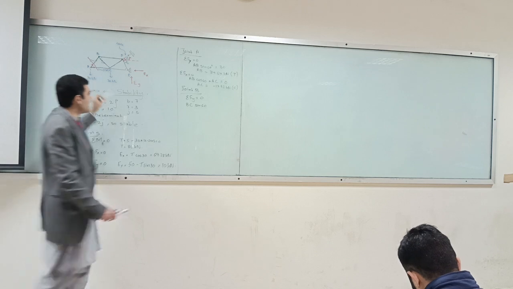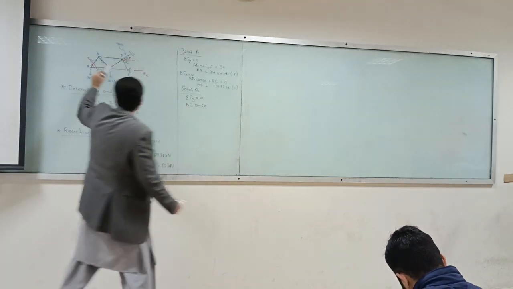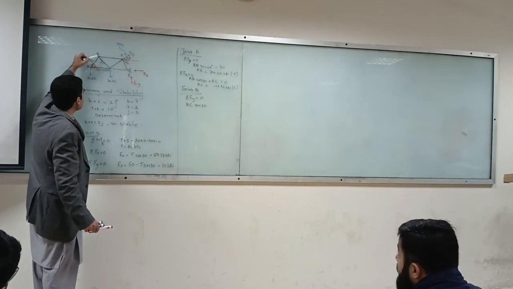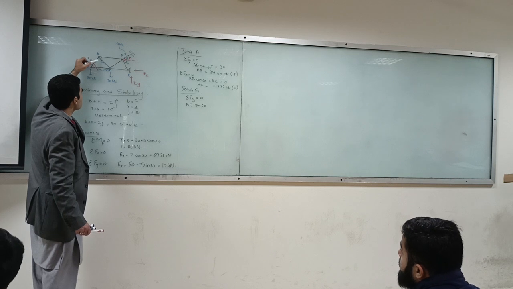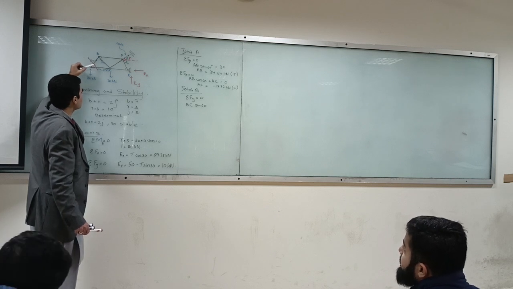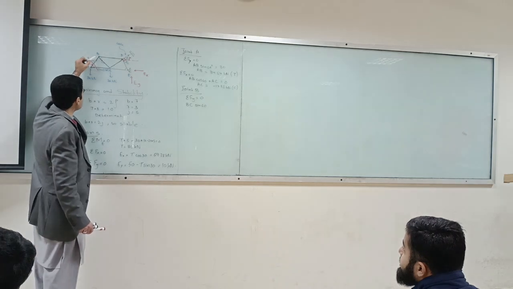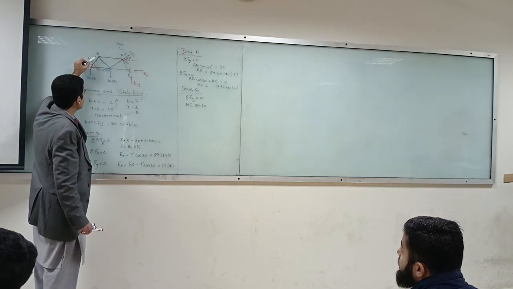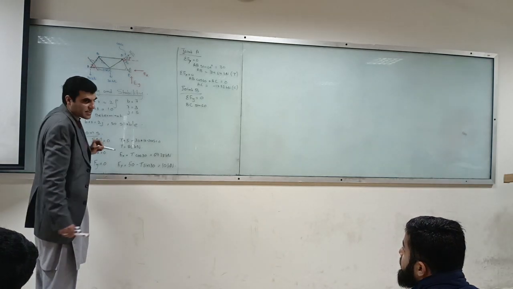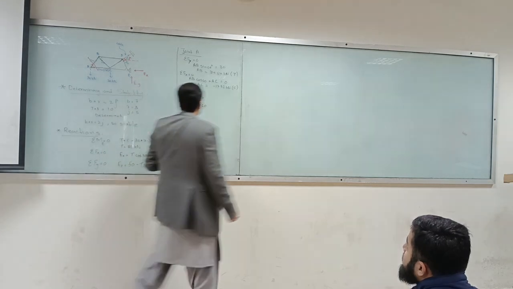Okay, so you consider it BC sine 60, and what is this? AB. Yeah, so AB sine 60. Okay, and 30 centimeters.